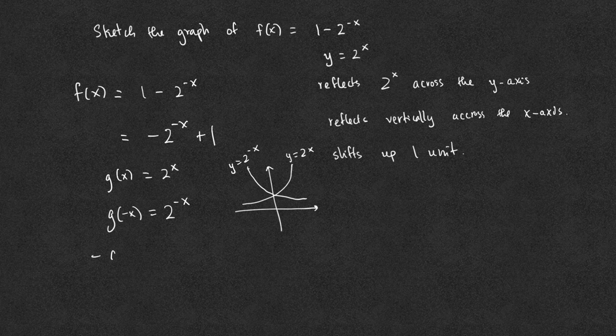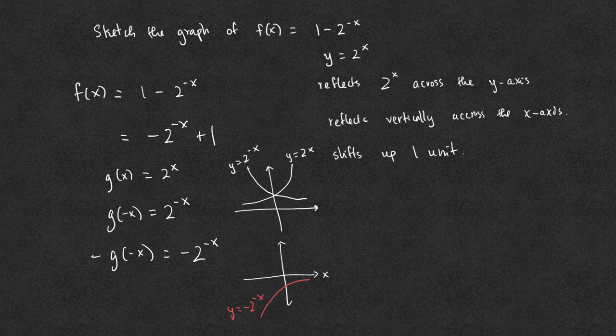Next, we put the negative in front of the result to obtain minus 2 to the negative x. But what this means is that we take the result from the previous step and we reflect it about the horizontal or x-axis. And so this is now y equals negative 2 to the negative x.